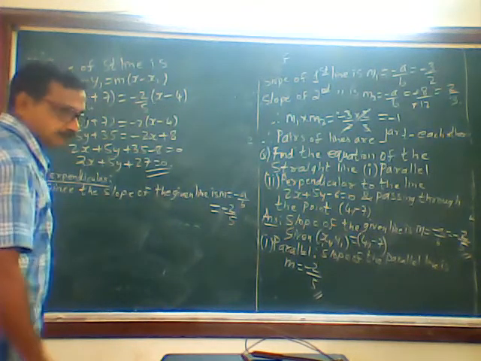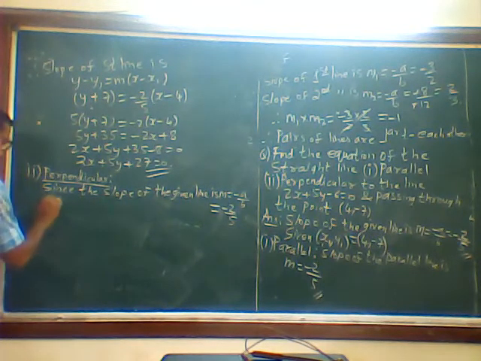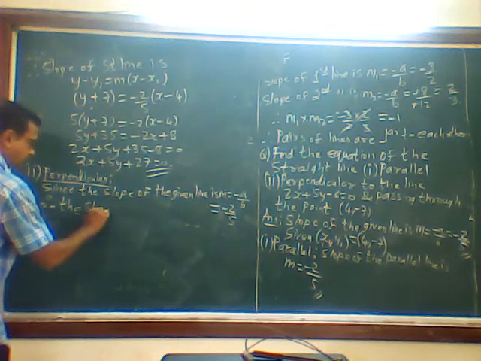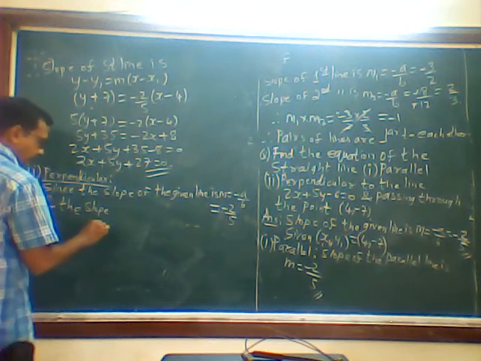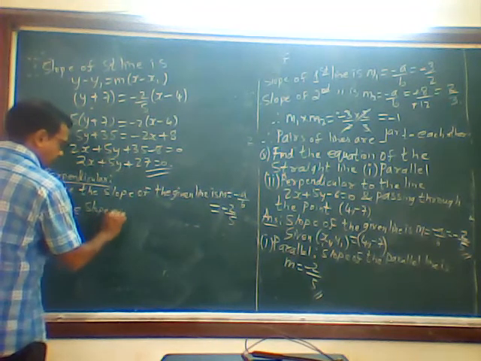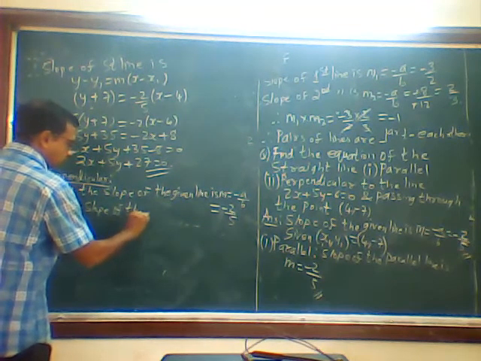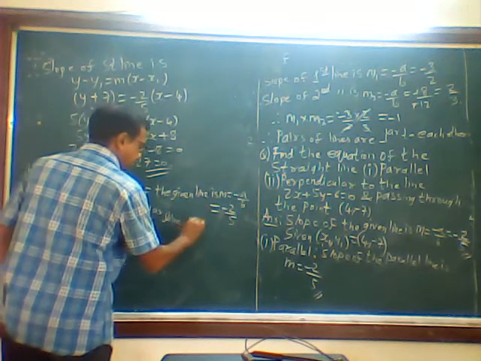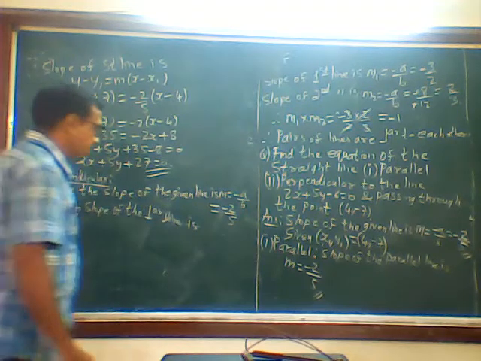Therefore, the slope of the perpendicular line, because it is perpendicular, therefore the slope of the perpendicular line is, what will I do?